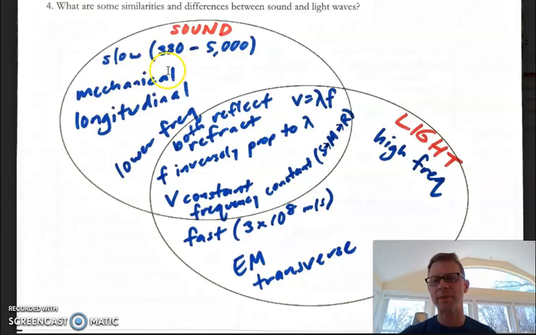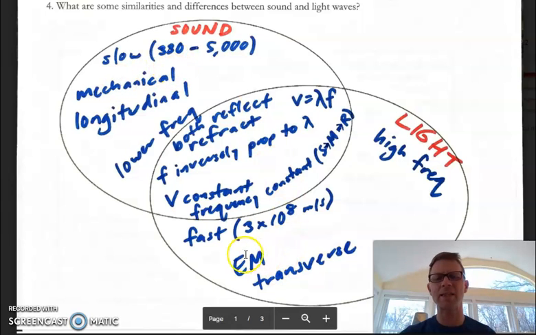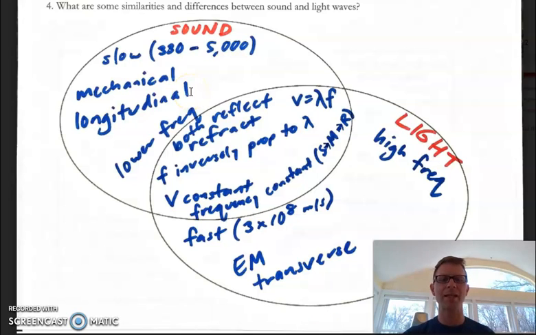Sound is mechanical, which means it needs a medium. Light is electromagnetic, which means it does not need a medium. Light is transverse, which means the oscillation is perpendicular to the wave velocity, and sound is longitudinal, which means the oscillation is parallel to the wave velocity.